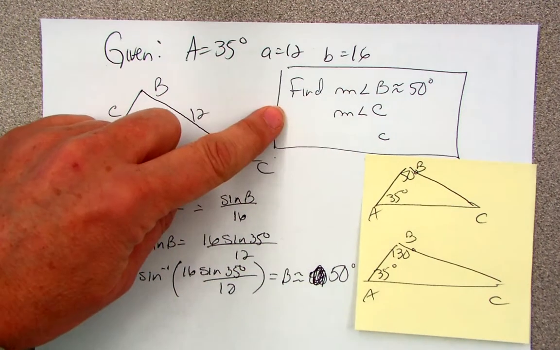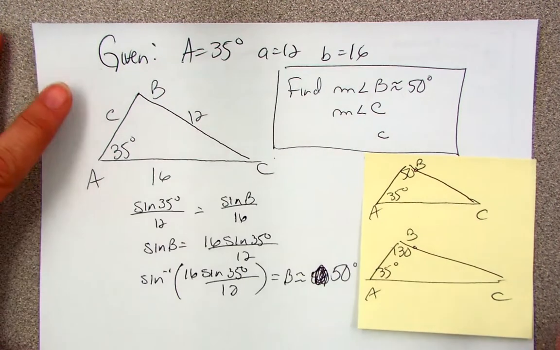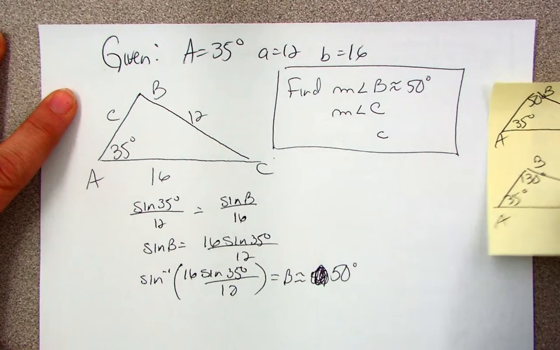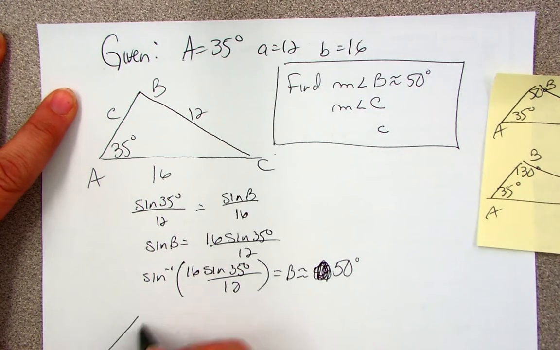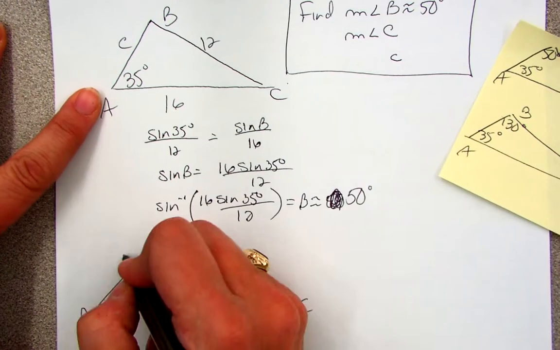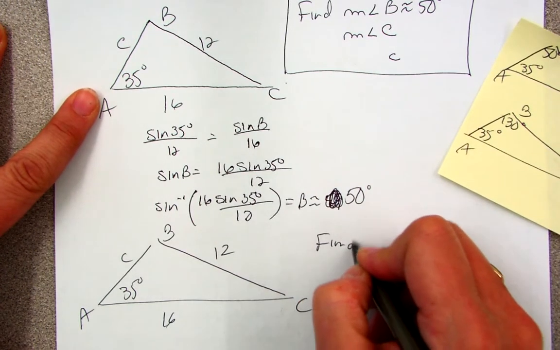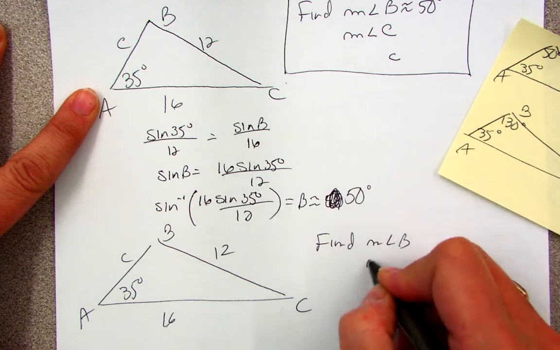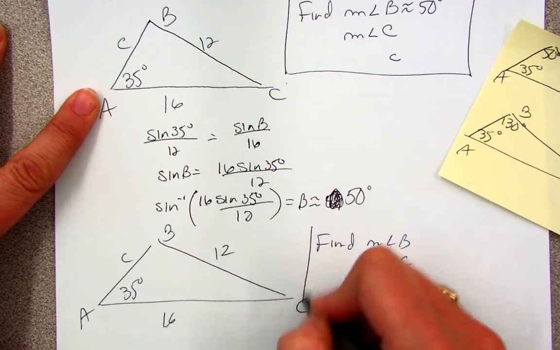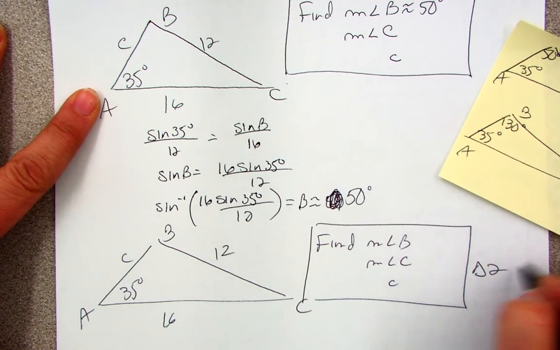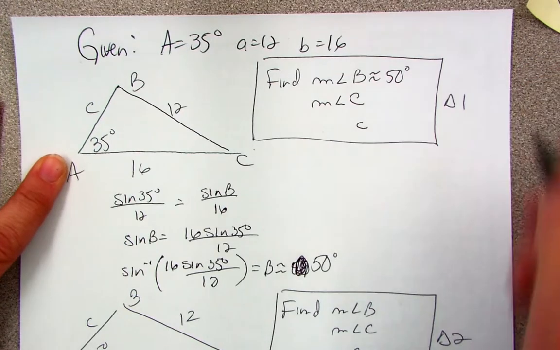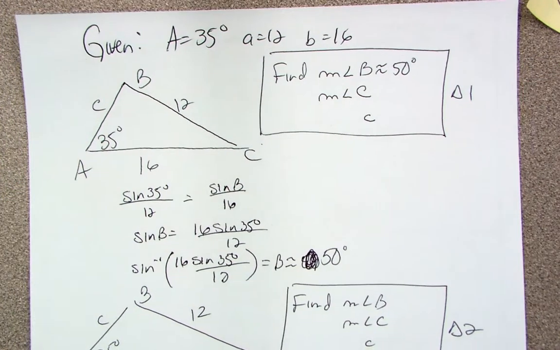So this is for this triangle. And I guess I better go draw my other one out. Find the measure of angle B, the measure of angle C, and side C for triangle number 2 and triangle number 1. Oh, yippee skippy.